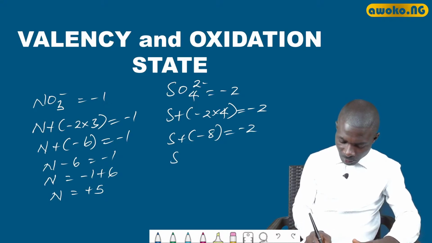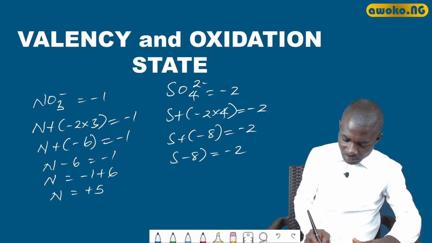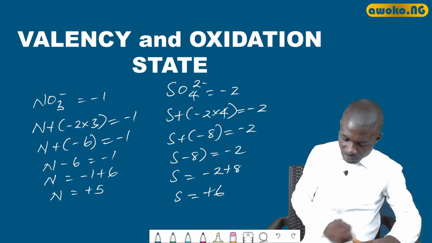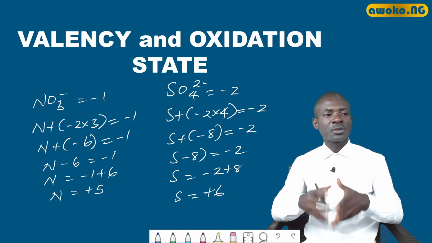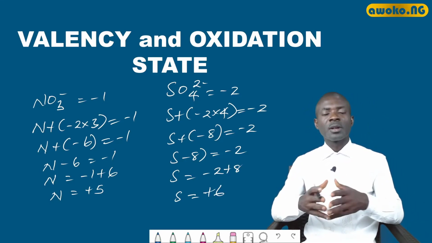So we have here S plus -8 equal to -2. So by collecting like terms, I have S is equal to -2 plus 8. So S is equal to +6. So the oxidation state of sulfur here is +6.